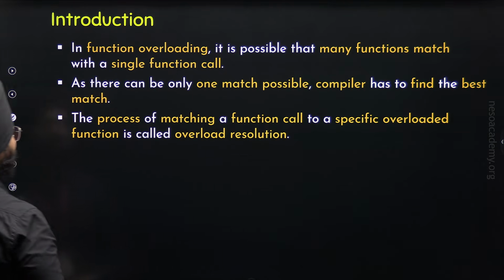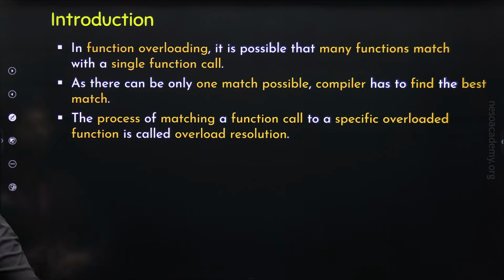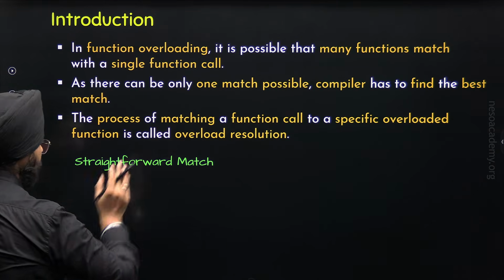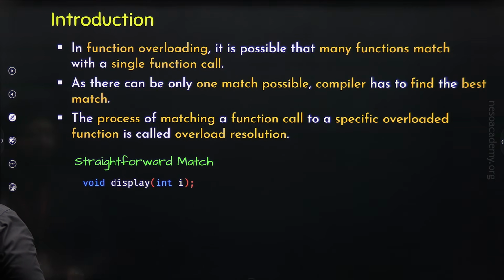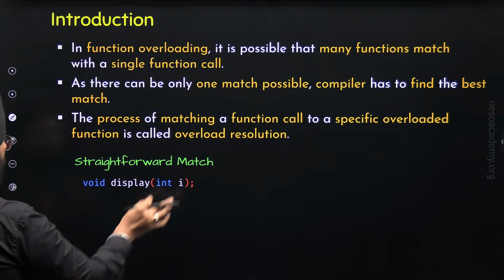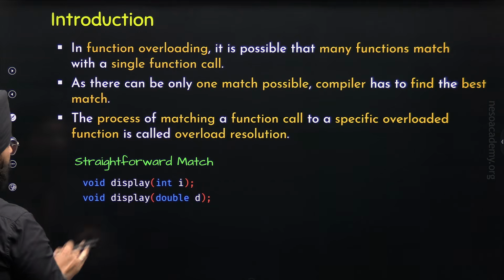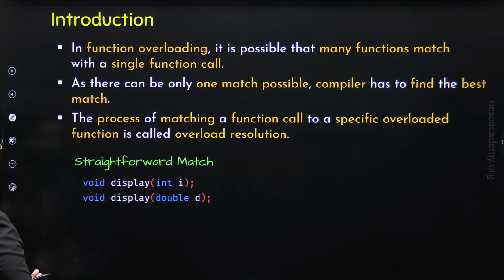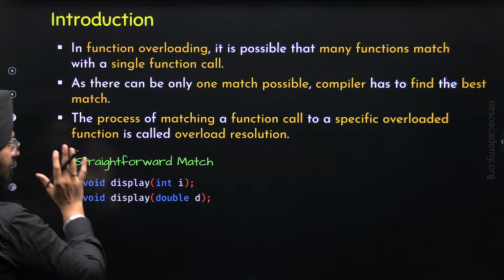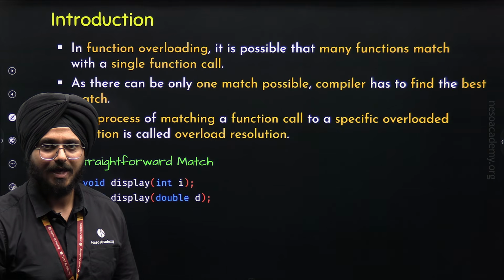So that's the concept. Now let's understand this concept properly through examples as well. Here is the example of a straightforward match. Let's say we have a display function with parameter i of type integer. And we have one more function with the same name, but the type of the parameter is double. So we have overloaded functions here.